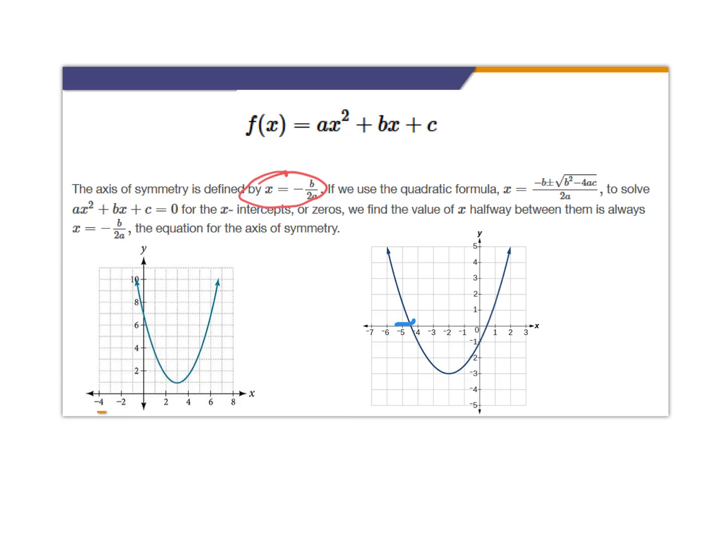This bad boy over here is the quadratic formula. X equals, again, minus b plus or minus, I forgot the square root, minus b plus or minus the square root of b squared minus 4ac all over 2a.